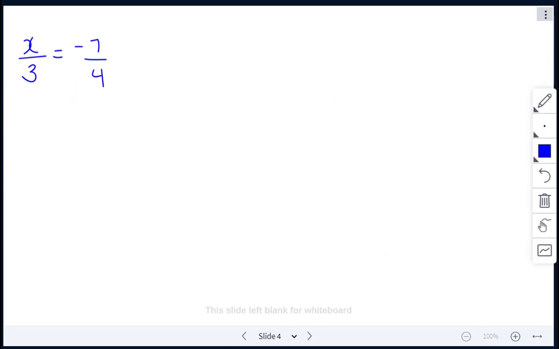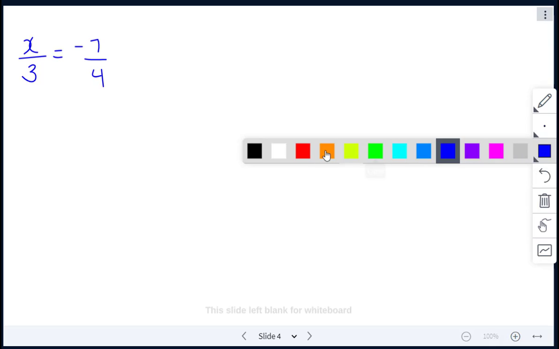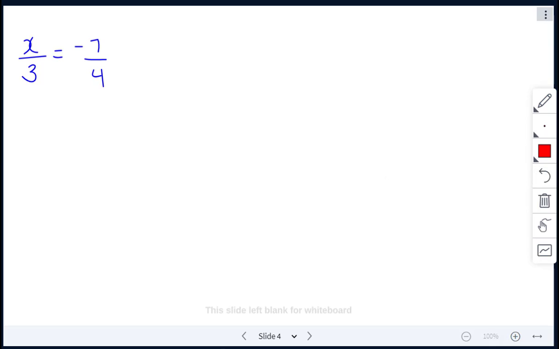Okay, so this type of question, we will see when we get to 2.5 and we're solving ratio type questions, ratio type equations. But since we're focusing right now on cross multiplication, let's just try this one. You can go ahead and try in your notebook if you want. So here, cross multiplying, we're going to take our x and multiply it with 4, and place that on your left-hand side.